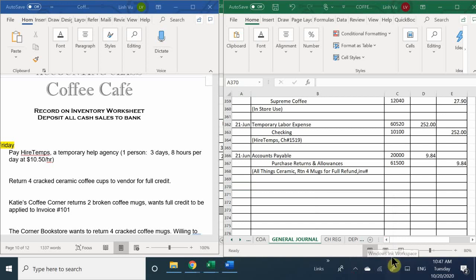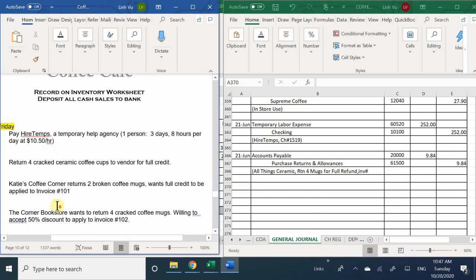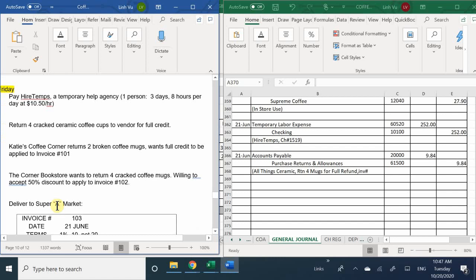Okay, so even she decided to return to us. She only has one invoice for right now, which is invoice number 101. So she wants a full credit to be applied to invoice number 101. So how do we deal with this one?